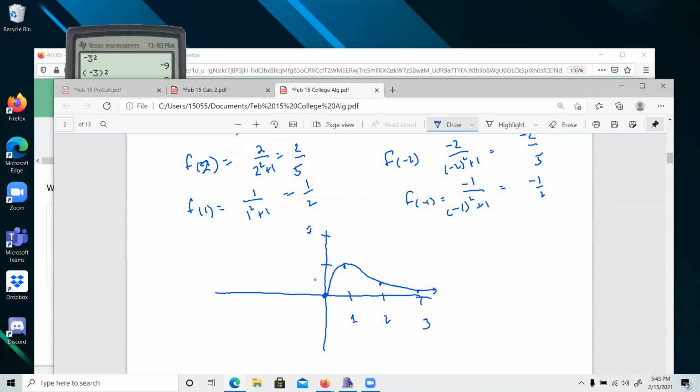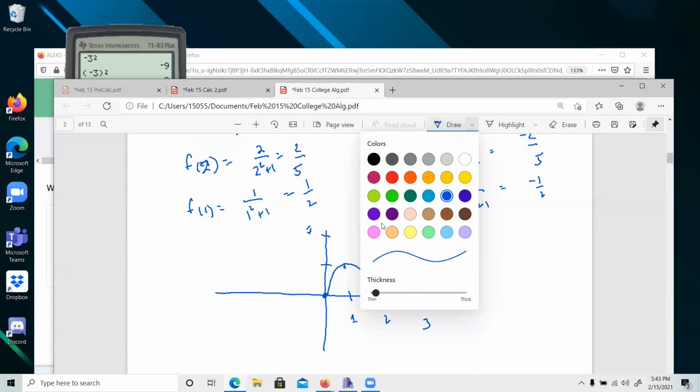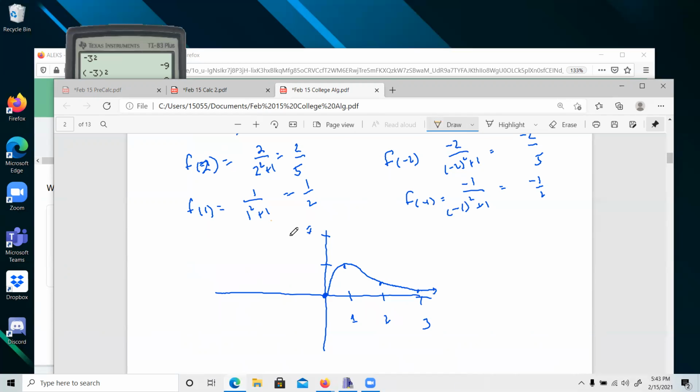Okay. How do I know what it's going to look like on the other side? Well, it's symmetric about the origin. So let me sketch this in a light color. That'll be a light color. Okay, so I think it's going to be something like this, because I'm trying to see it from across the origin.